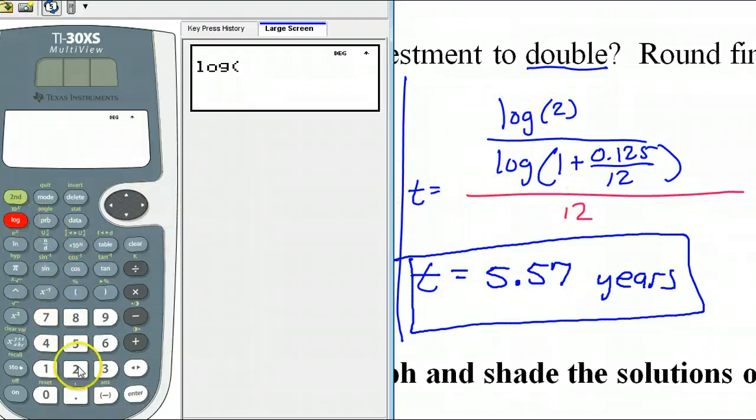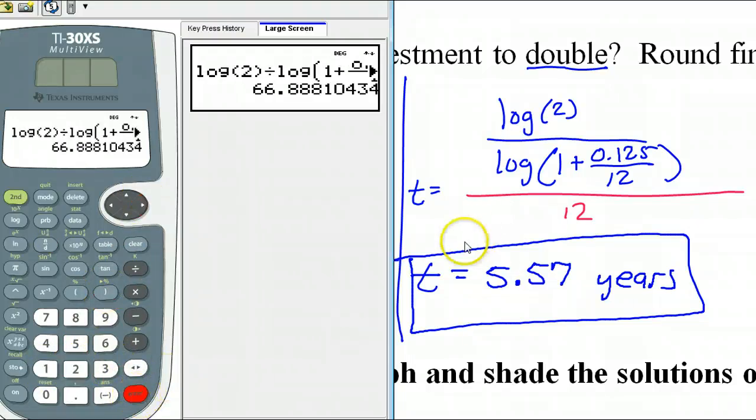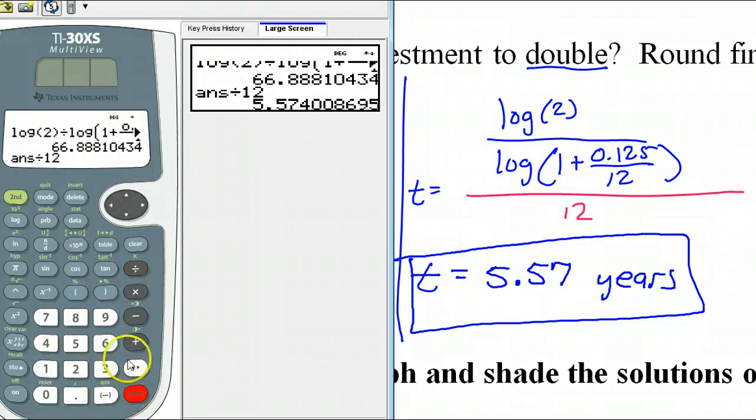So I could do log of 2 divided by, I can use the old-fashioned divided by, log 1 plus 0.125 over 12. Okay, so I got this decimal so far. Now I just need to divide by 12. So I don't round, I just go divided by 12. And you get the exact same answer if you do it that way. So whatever you're more comfortable with.